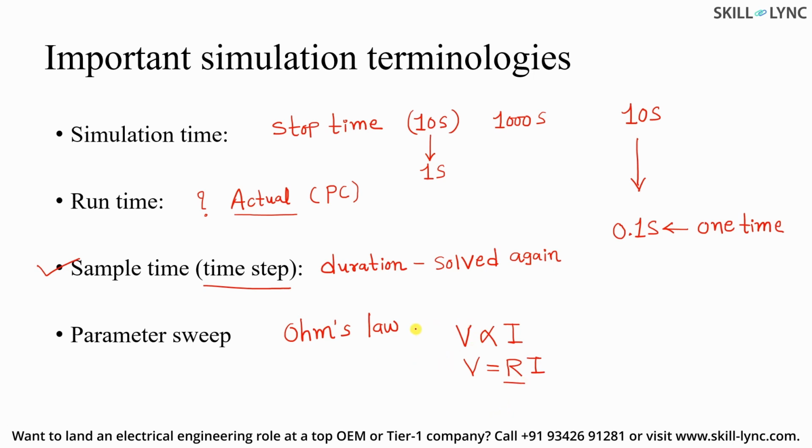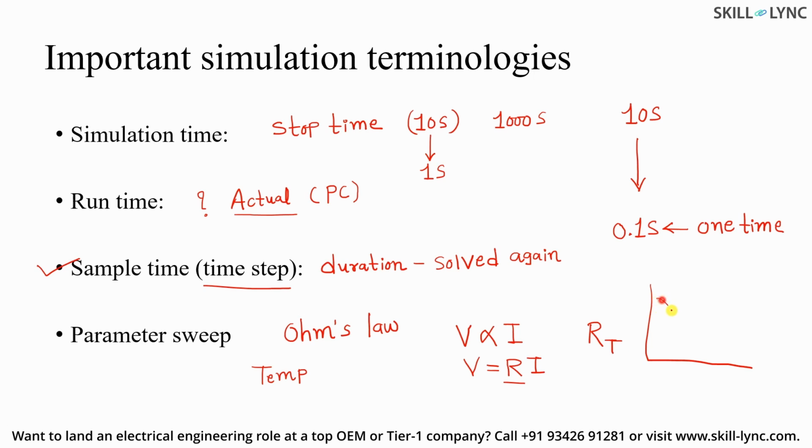Now in this case you want to analyze what will happen if the temperature is changed. So you can have an equation of resistance at a given temperature, let's say R at T. Now R at T may be a different characteristic.